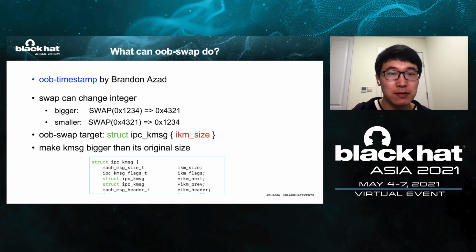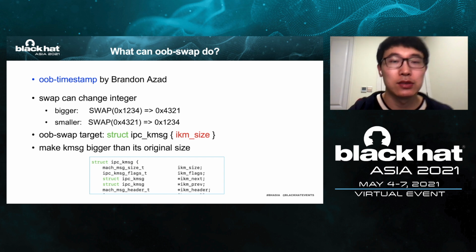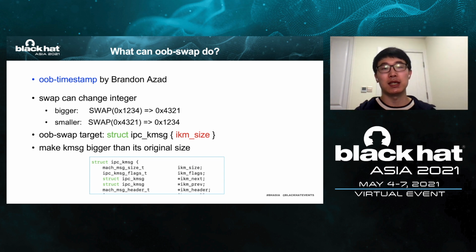What can an OOB swap do? Here I must introduce the OOB timestamp vulnerability by Brandon Azad. Brandon proved that even an OOB write that cannot control memory content precisely can also finish a successful attack. Similarly, the OOB swap cannot precisely control the memory content either, but I will use Brandon's technique to complete the exploit.